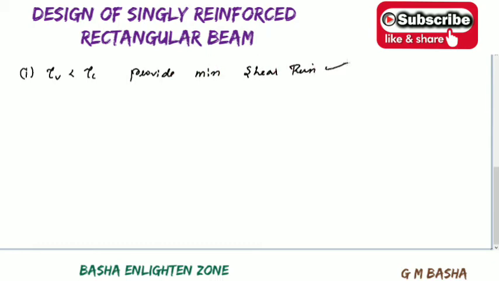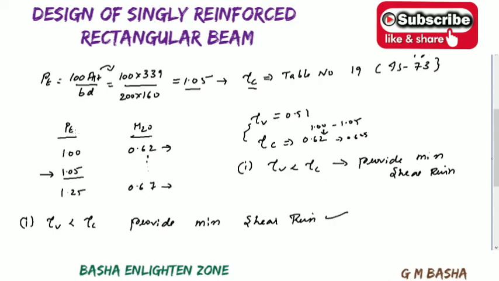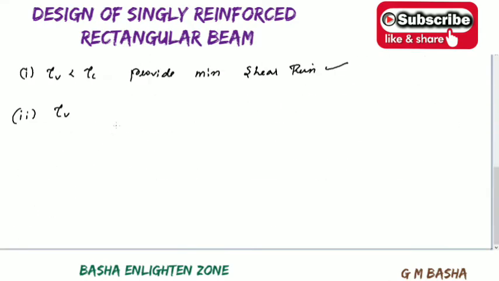Why? Because our condition is this one only. Sometimes tau v is greater than tau c and tau v is less than tau c max. So for example, if tau v is less than tau c, directly prefer minimum shear reinforcement.